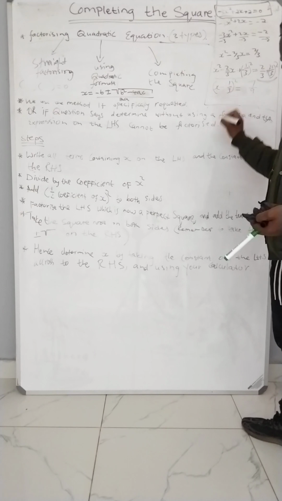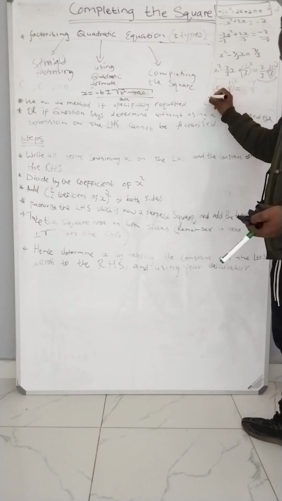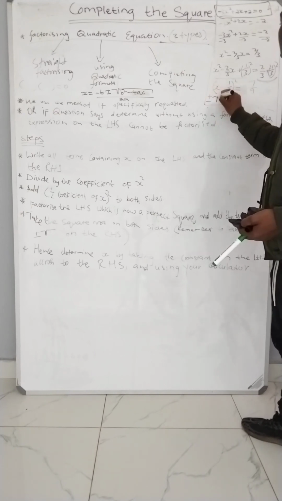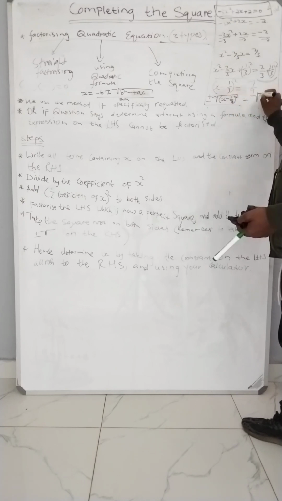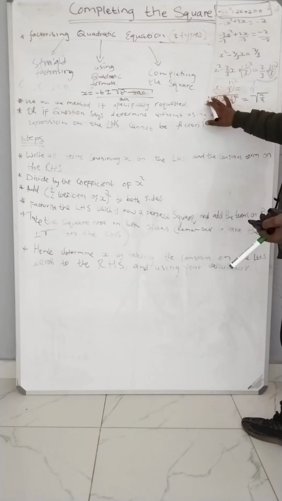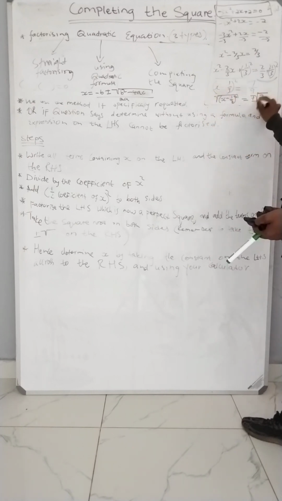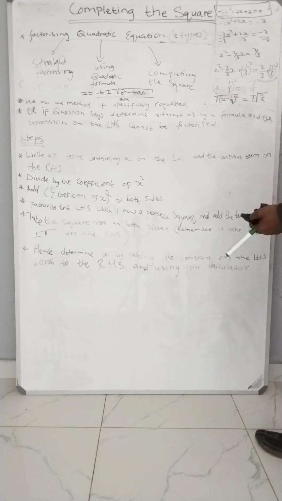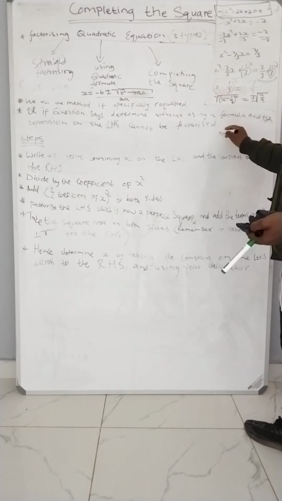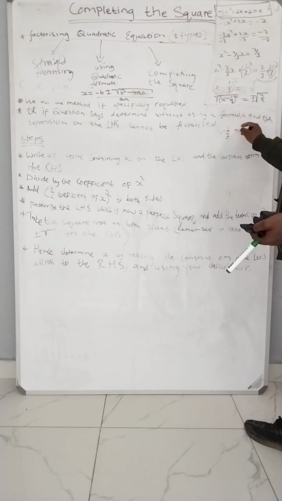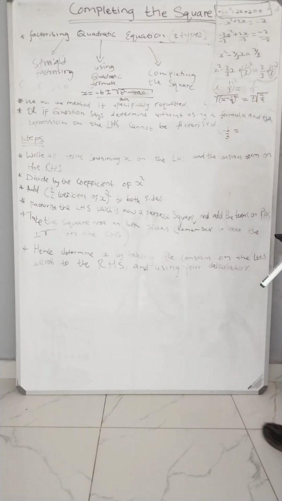So you're going to take this as plus minus the square root of x minus 1 over 3 squared is equals to the square root of 7 over 9. Sorry, plus minus comes there. Now the square root is going to cancel the squared, and you're going to remain with x minus 1 over 3 is equals to plus minus the square root of 7 over 9.